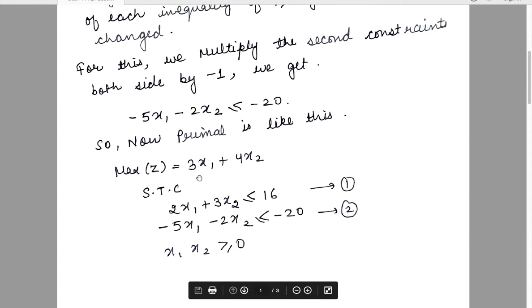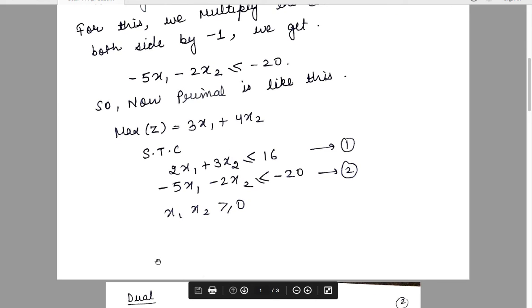Maximize z is equals to 3x1 plus 4x2 subject to constraints 2x1 plus 3x2 less than equals to 16. I have replaced the earlier constraint with this new constraint minus 5x1 minus 2x2 less than equals to minus 20, and the non-negativity condition is x1 x2 greater than equals to 0. Now we will convert it into dual.